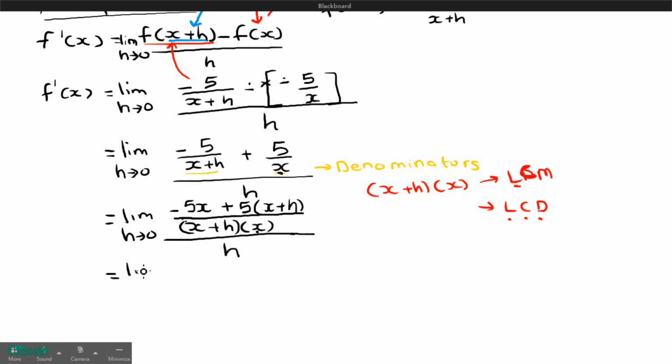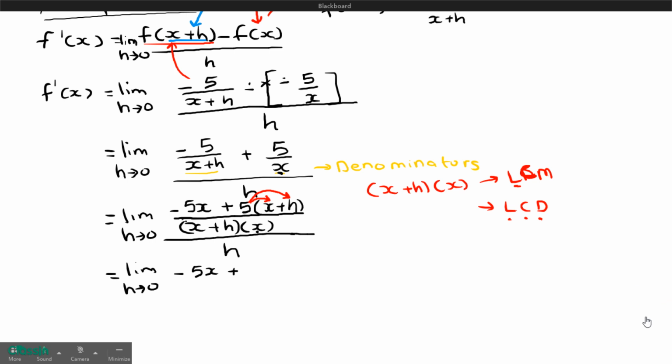Now, with the limit as h approaches 0, we multiply in everything in the part of our numerator. We have negative 5x plus the 5, because it's a common factor, will multiply x, and again 5 will multiply that h.